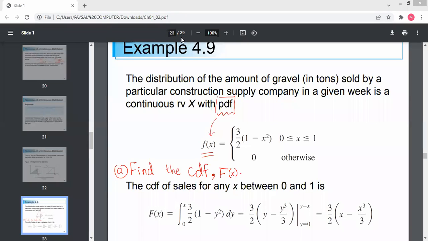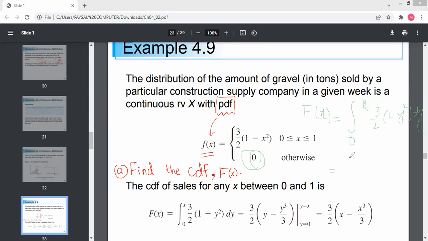So the CDF between 0 and 1 will be what? I have to write here again that my integral will be f of x, with upper limit x and lower limit 0, of the function 3 upon 2 into 1 minus y square dy.